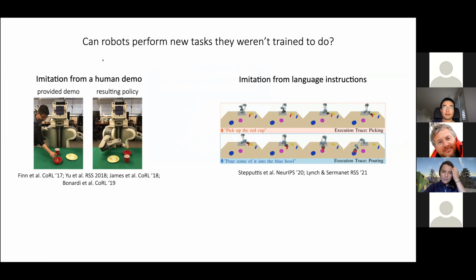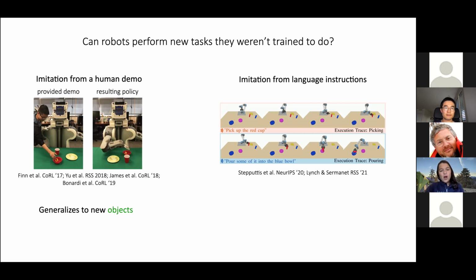I look at this in the context of robotics, because oftentimes in robotics, we can write down a number of tasks, but ultimately we also want them to generalize to new tasks that they weren't trained to do because we don't know the whole space of tasks ahead of time. Now, it's worth mentioning that there are prior works in this area that have looked at trying to generalize to new tasks from a human demonstration or from language instructions.